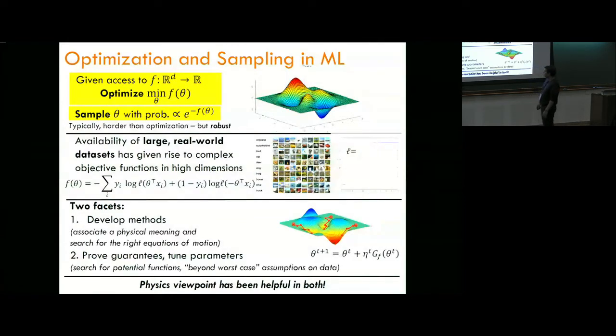The second one, it's not maybe completely obvious. When you want to prove convergence time bounds or establish conditions on the input for which these methods work, you often search for some potential functions. These are all dynamical systems at the end of the day.